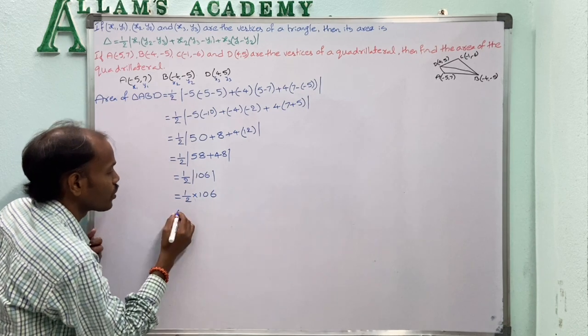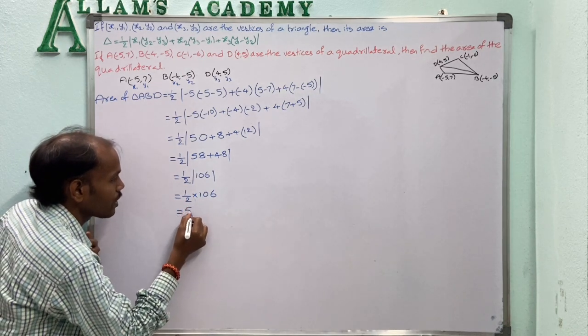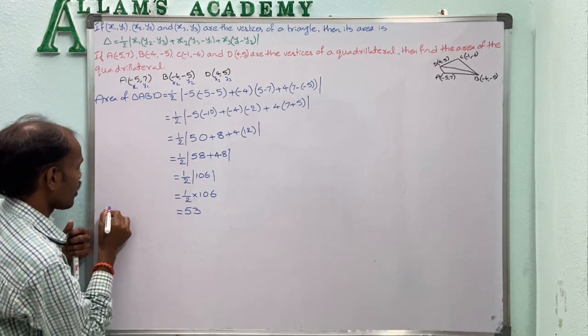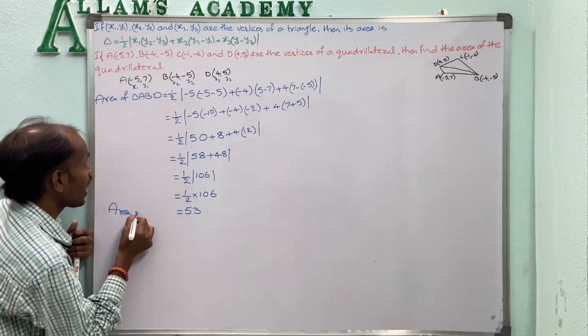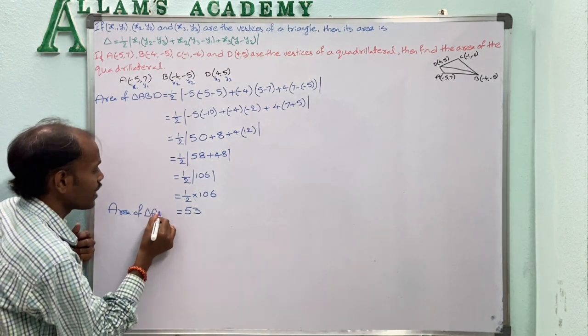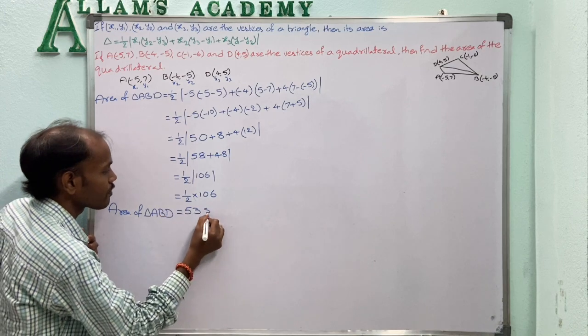So half into 106 is nothing but 53 square units. It is the area of triangle ABD.